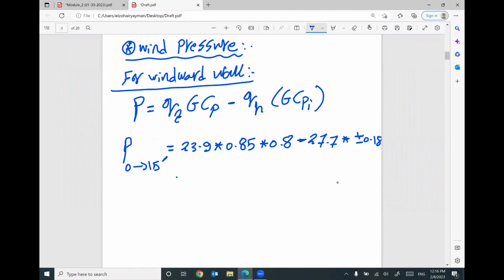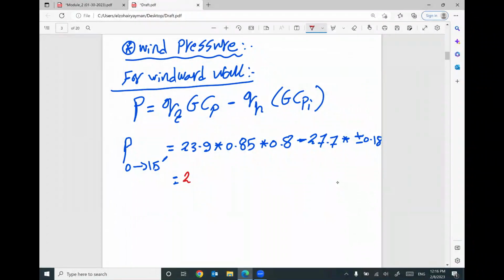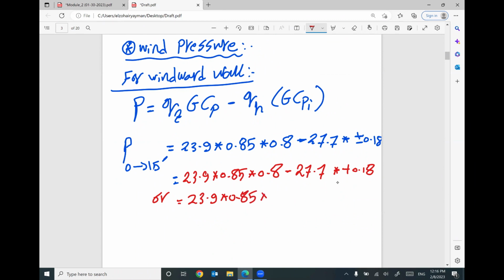For example, we have two options right now. 23.9 times 0.85 times 0.8 minus 27.7 times positive 0.18, or 23.9 times 0.85 times 0.8 minus 27.7 times negative 0.18. Which one will give you the biggest value?